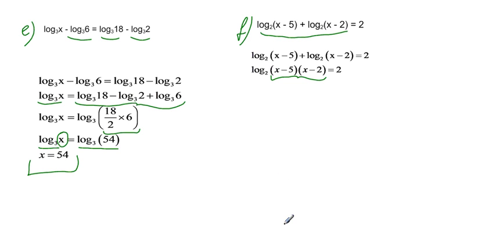Convert this into exponential form. Get rid of the logarithm, in other words. Or expand this expression inside. It doesn't matter. It works both ways. So either you can keep it in factored form, x minus 5 times x minus 2, and the right hand side would be 2 squared, or you can expand it and equate it to 2 squared.